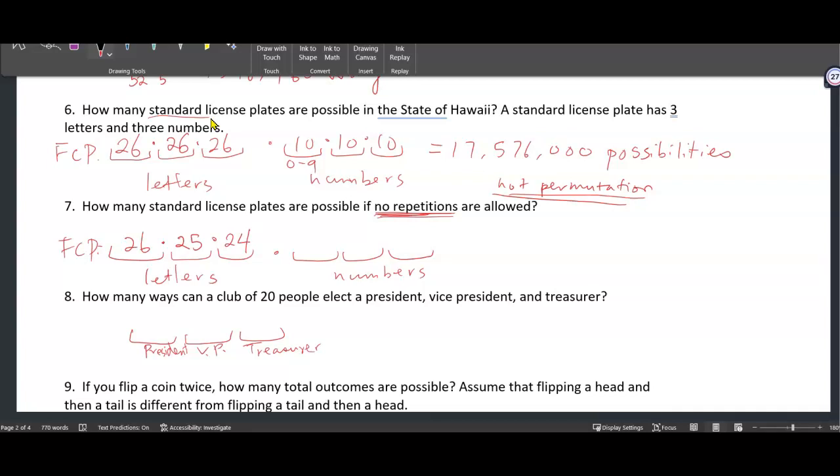But the next one is a number, right? So I don't go to 23 because that's letters. And so the digits 0 to 9 have only 10 for the first choice. So this is a different set, right? And then the next one is going to be 9, because I lose a choice. And then I lose a choice again because I cannot use the same choice again. So I lose a choice with each task. And so the answer is 11 million.